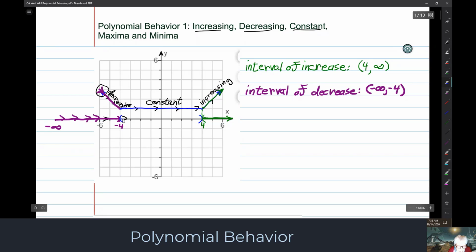Okay, so this is the part of the x-axis that we would say is the location of the constant graph. So the interval of constancy runs from -4 to +4.